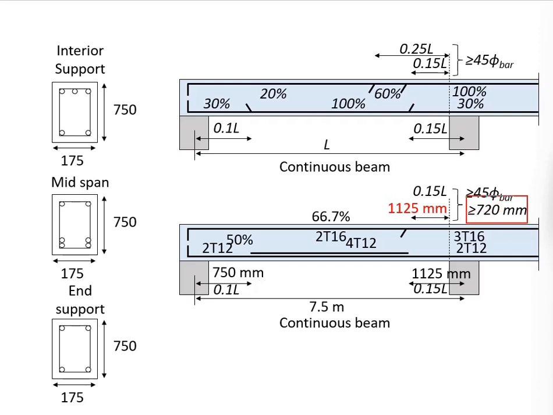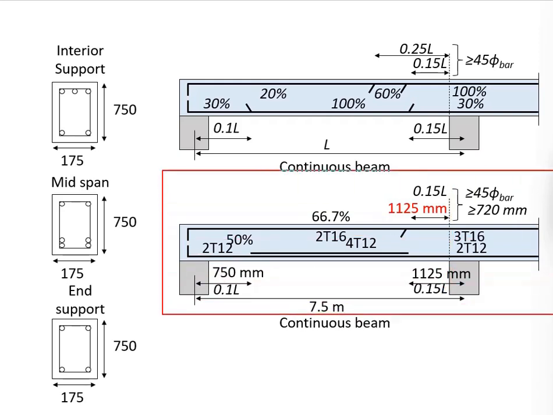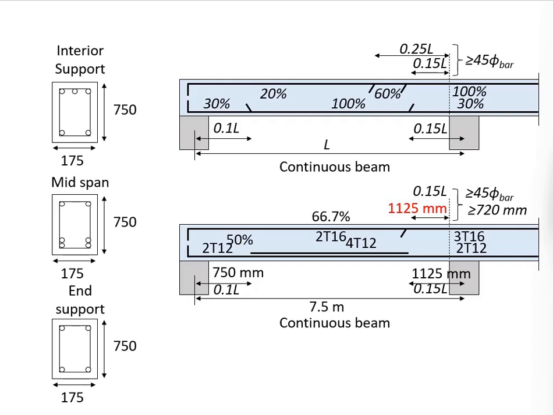That gives you 720 mm. Comparing these two distances here, you choose the bigger one. Ultimately, you will have the curtailment done at 1.125 meters from the face of the internal support. Now you have the reinforcement bar being curtailed.